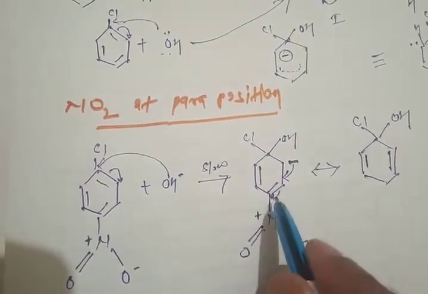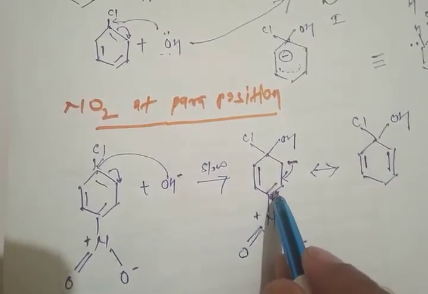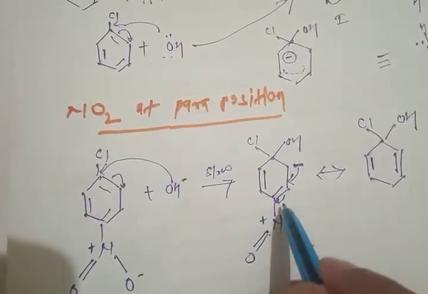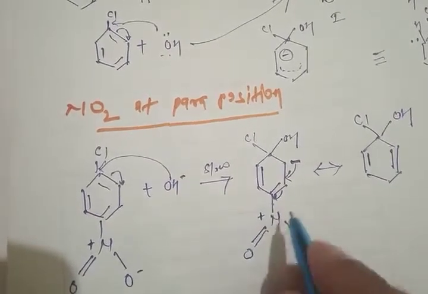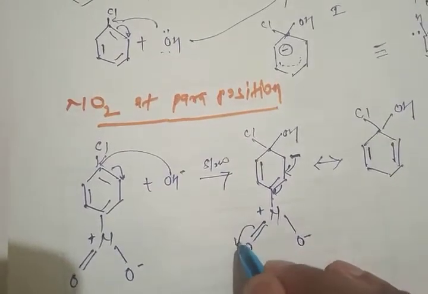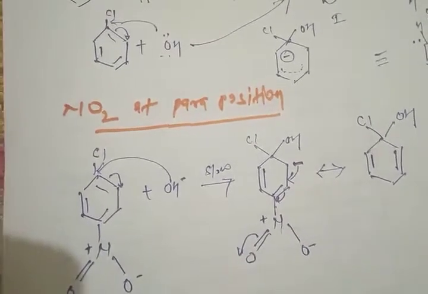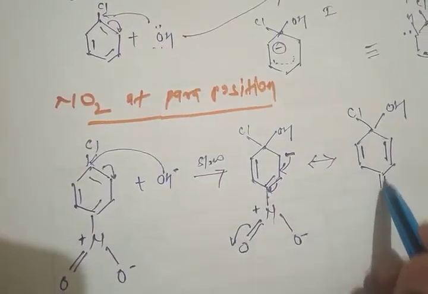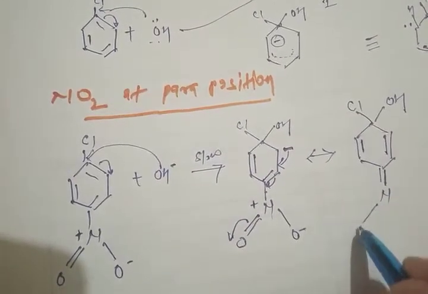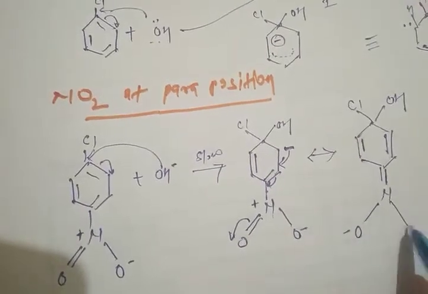Here we have a possibility to shift this electron pair to this side also, because once it shifts to this side, this pi electron will go to this, and this will go to this, and then we get a double bond with nitrogen and oxygen with a negative charge.